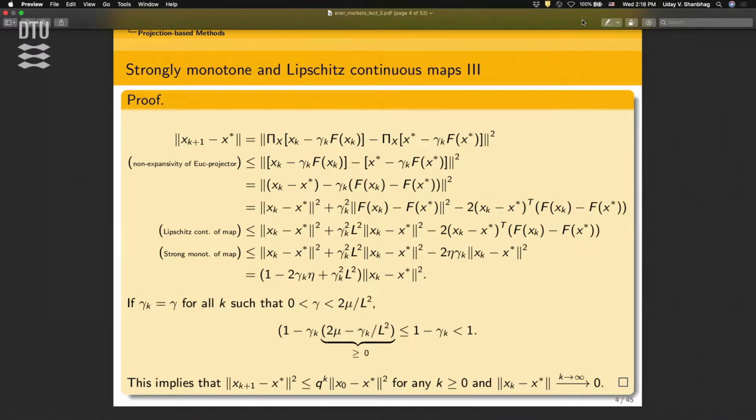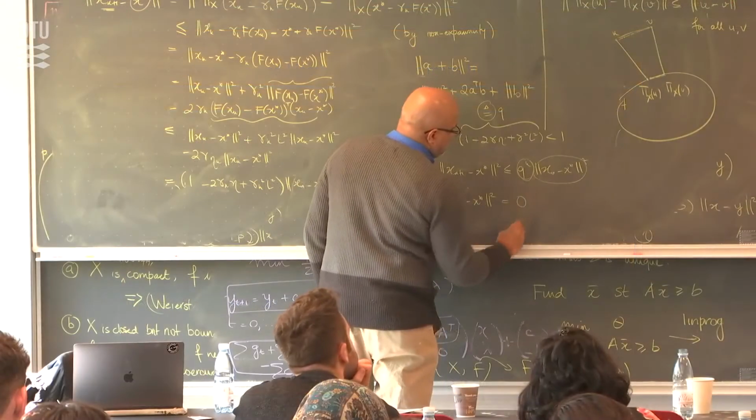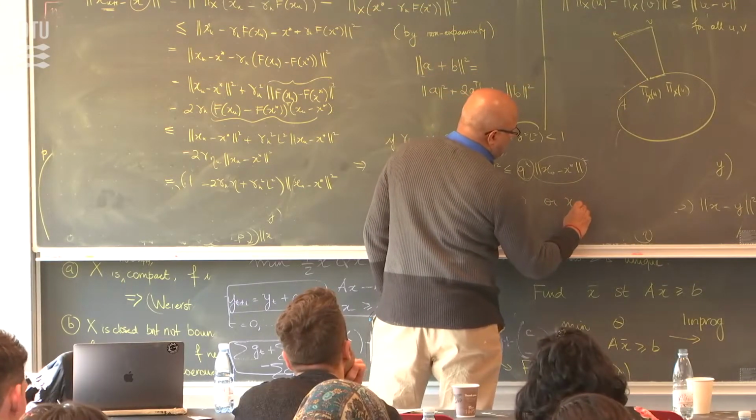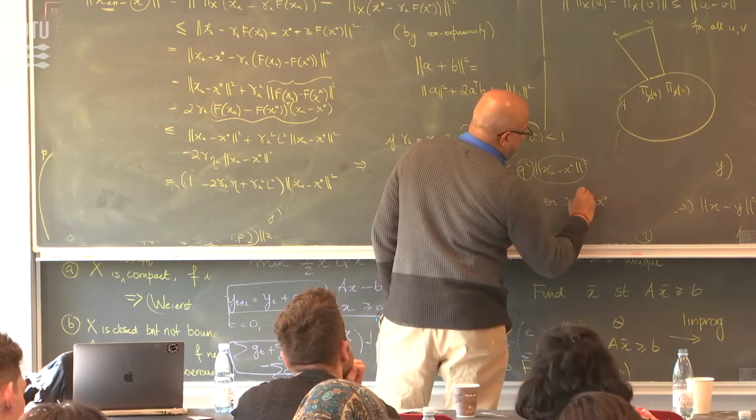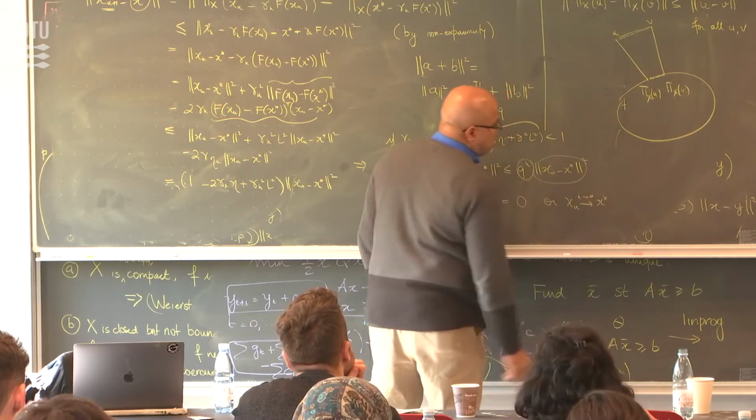This is some constant because x_0 is a constant, the vector you started with. What happens to q raised to k as k goes to infinity? q is less than 1, so what happens to q raised to k? It goes to 0, right? So this becomes 0, or x_k converges to x* as k goes to infinity.